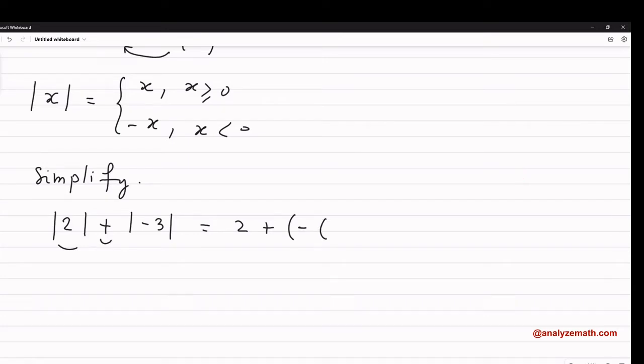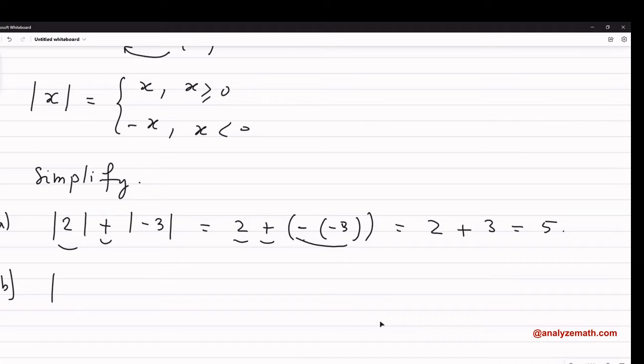Because the number negative 3 is negative, we put a minus here: minus negative 3, and then we close the bracket. So that gives me 2 plus, and then I simplify this negative 3, that gives me 3, and all this gives me 5.